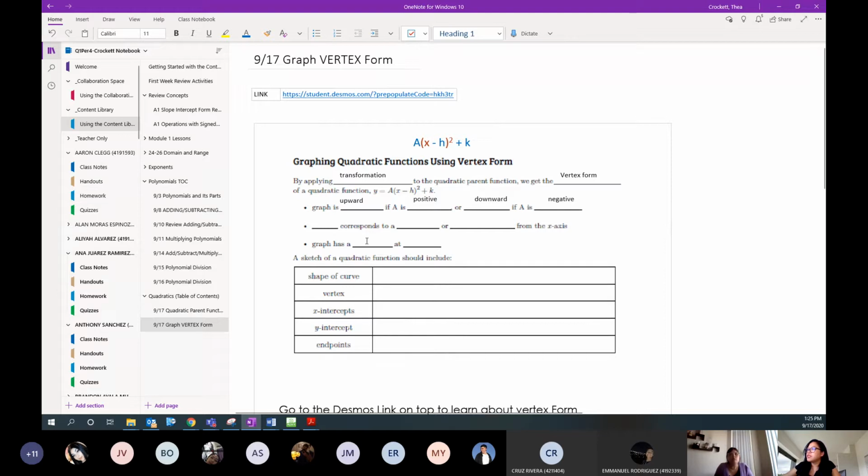But the most important thing here, because this is a vertex form, is looking at the vertex.